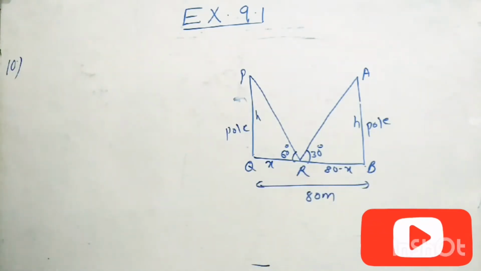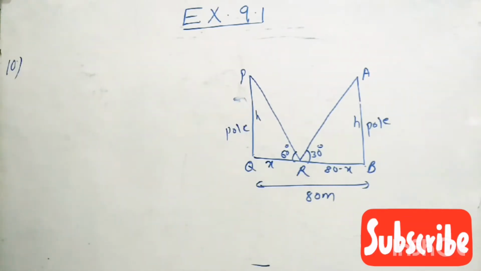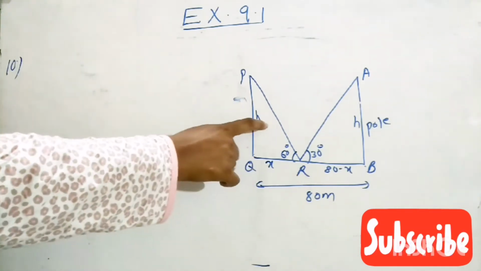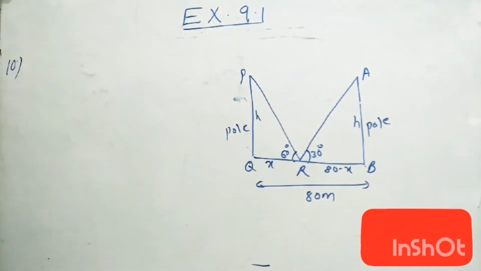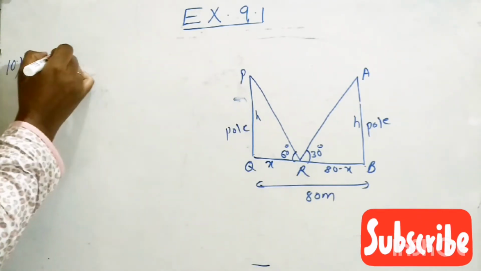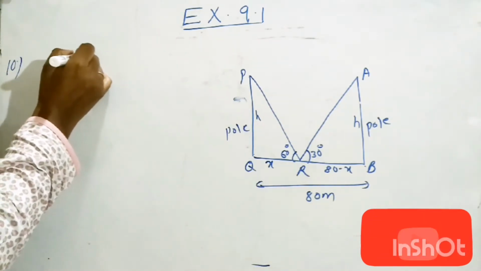And we need to find the height of the poles and the distances of the point from the poles. We need to find the values of H and X. For that, first we will consider tan 60 degree, that is triangle PQR.